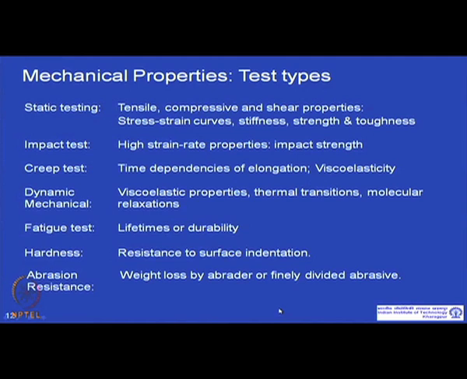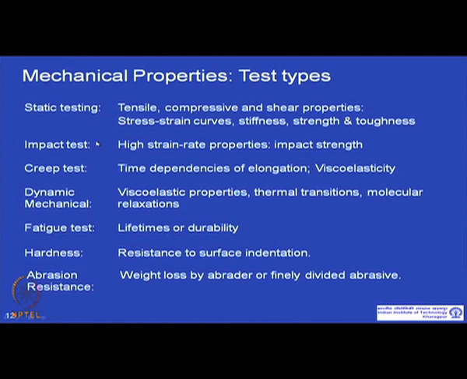When you test mechanical properties, different types of tests can be conducted. Static tests like tensile, compressive and shear give stress-strain curves, stiffness, strength and toughness of polymeric material.